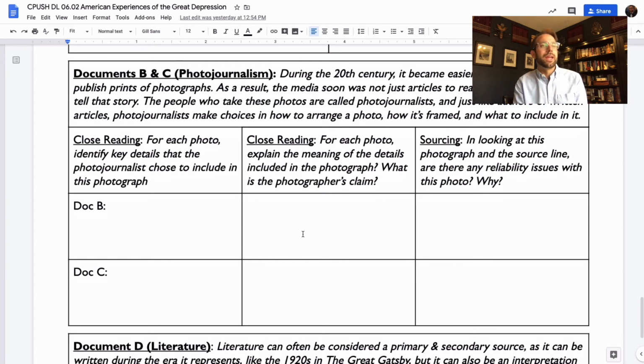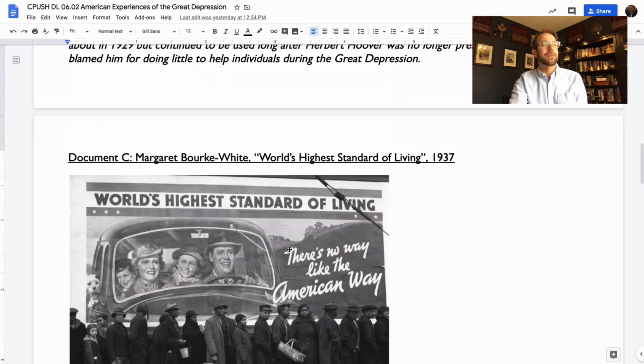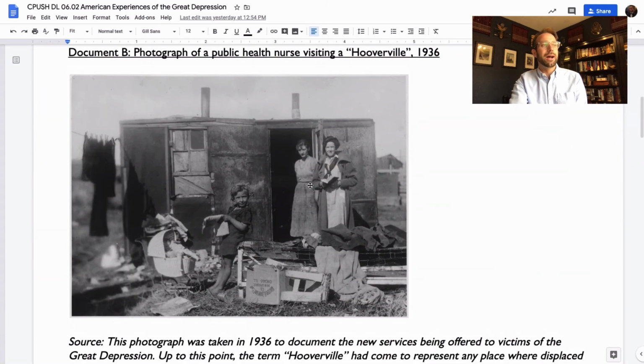And sourcing. In looking at this photograph and source line, are there any reliability issues with this photo? Like I told you earlier, the key skill is really sourcing here, and part of that is figuring out reliability. I pointed out that these people aren't really smiling and they look pretty down on their luck, but she's kind of well-dressed, well-to-do, smiling and holding something looking official.